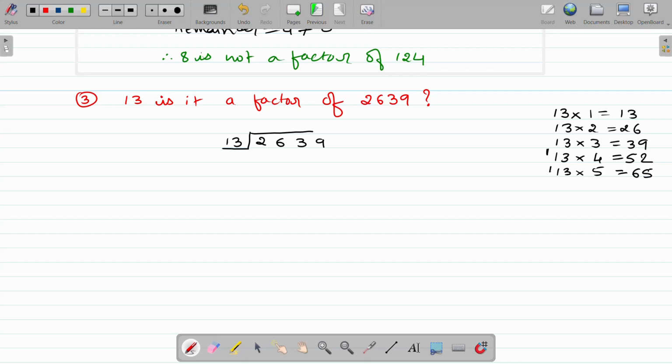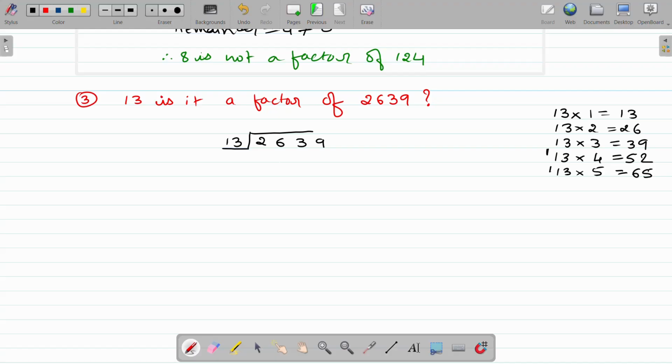We got 65. Whenever we do division, we find the multiples of the given divisor up to 5. If it is necessary, then only we find the remaining multiples up to 9 or 10. We just check whether we are able to divide the whole number using these 5 multiples or not. If it is necessary, then only we find the 6th, 7th, 8th, 9th and 10th.